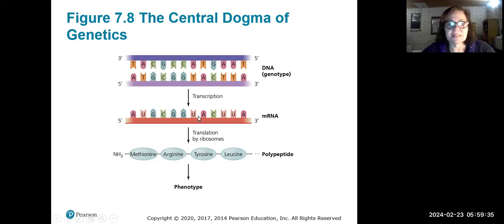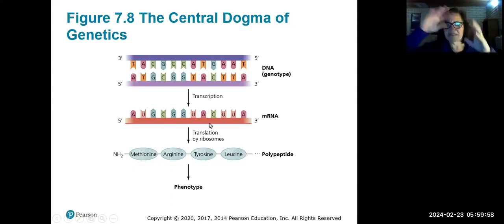One more thing about this. When we do that second step, the translation step, the messenger RNA is read three letters at a time. You remember codons, the AUG, it's the universal start codon. It always means bring me a methionine, this amino acid. The next one, CGG, means bring me an arginine, and so on. And remember that table, it's like 64 different combinations.